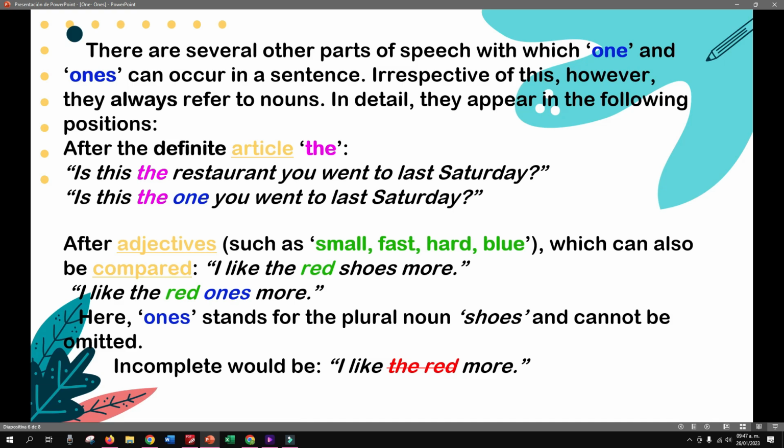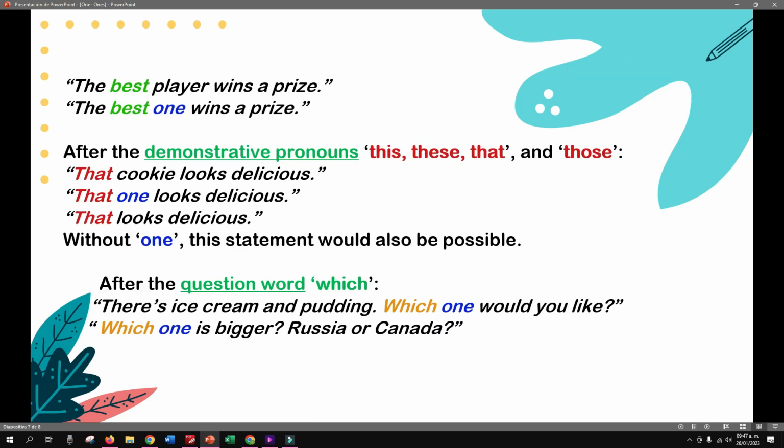In that case, you need the pronoun ones. So I like the red ones more, because you're talking about the shoes, right? The plural. So you cannot omit the pronoun in this case, right? So there you have more. Mr. Davy, please help me read it.